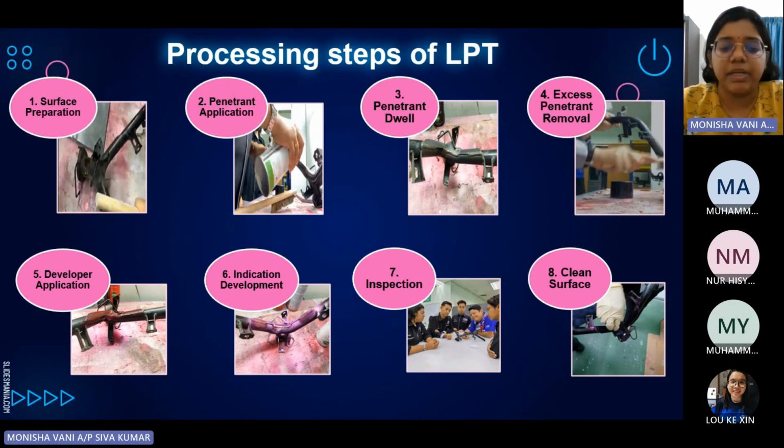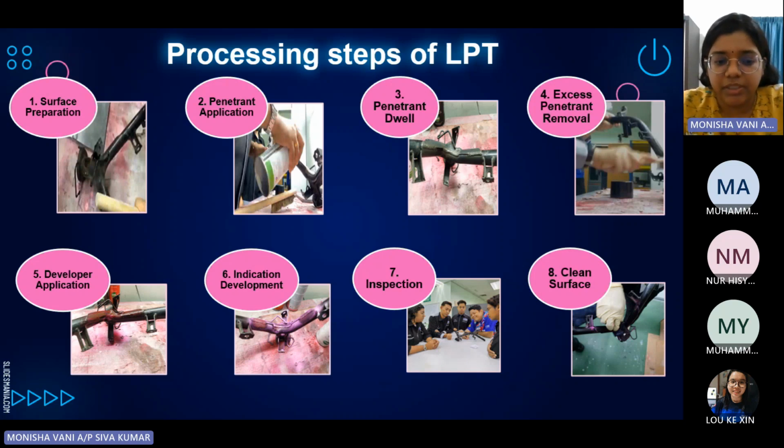The penetrant material is applied to the surface of the sample by spraying, brushing, or immersing the part in a penetrant bath. And the third process is penetrant dwell. The specimen is left until the penetrant dries. So from here, our group left the motor handlebar for almost 1 hour plus.